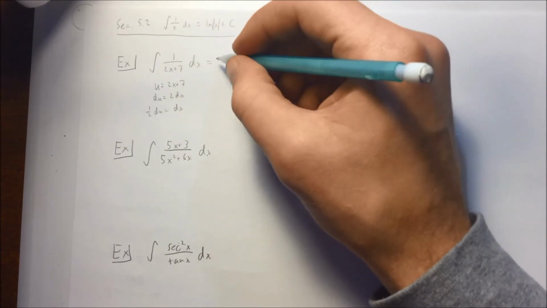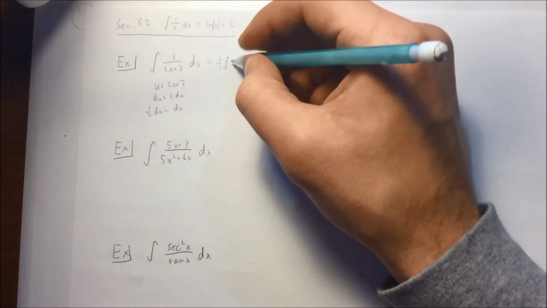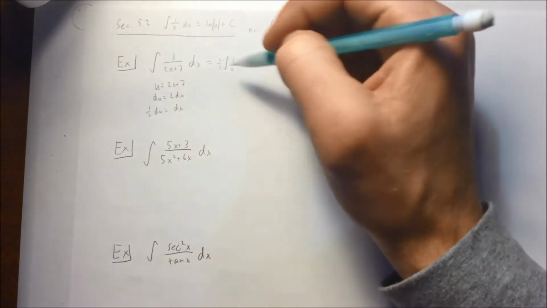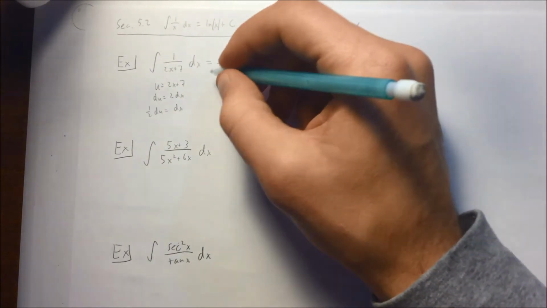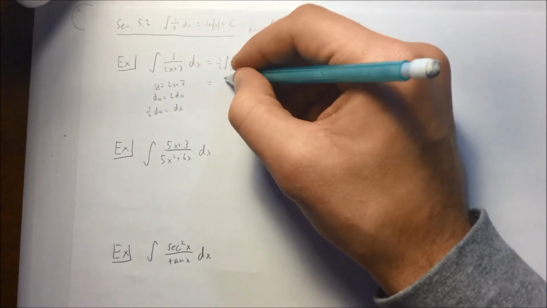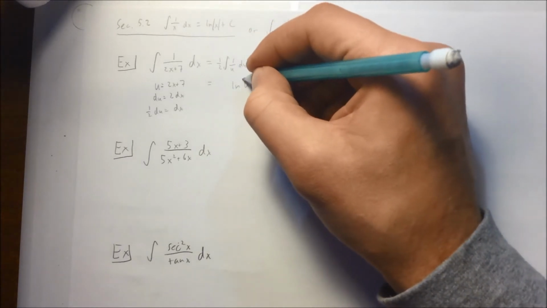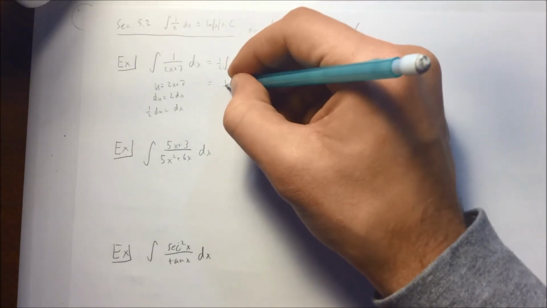Alright, so plugging that in here, we're going to get 1/2 of 1 over u du, which gives us 1/2 the natural log of u plus c.